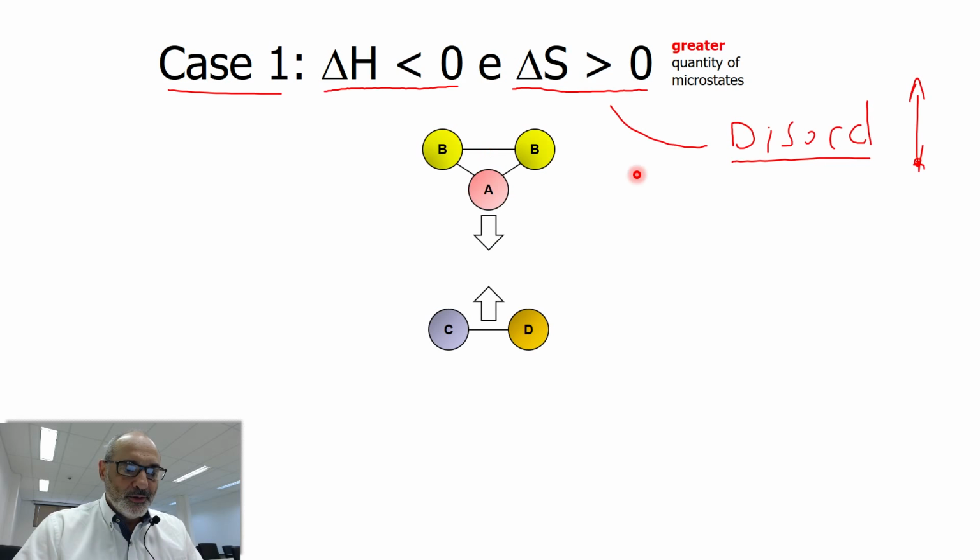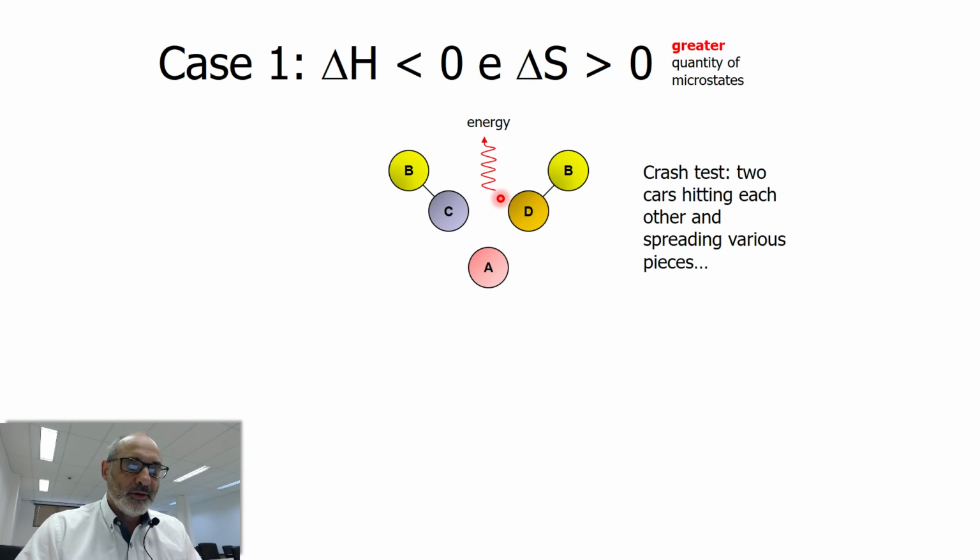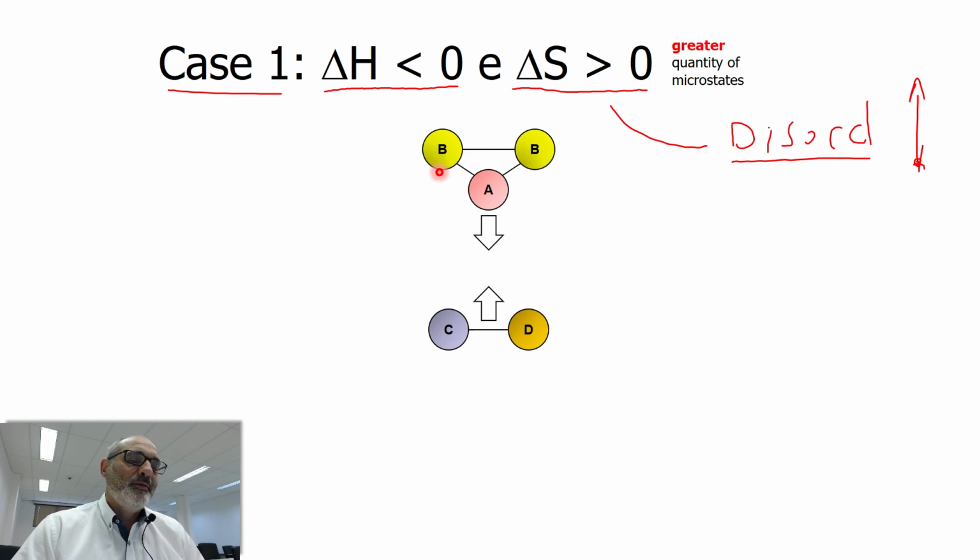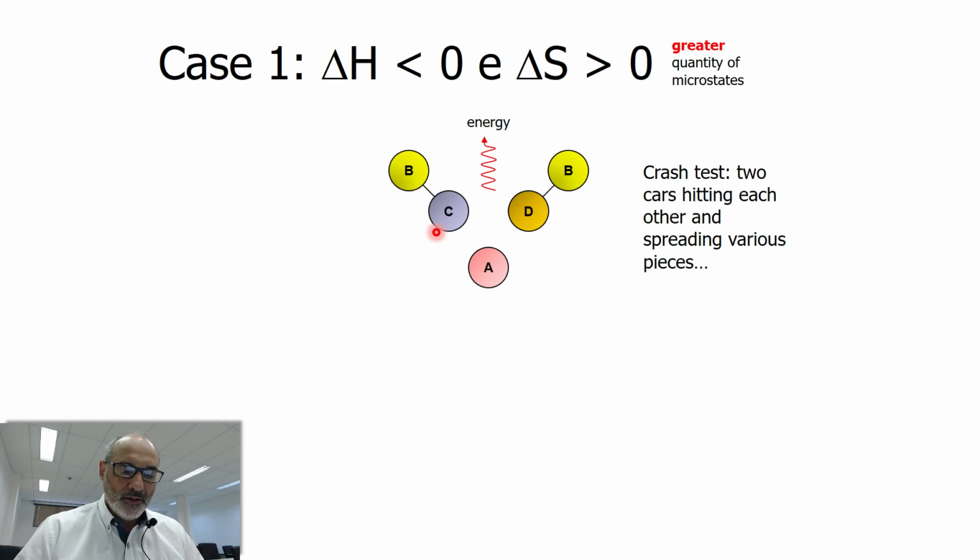Those are two cars bumping into each other, and now you have parts of cars moving around, but the fact here is that you have more parts after the shock than you have before. You have two parts here, now you have three parts. So having three parts, or they may combine differently, this implies that the entropy is increasing.